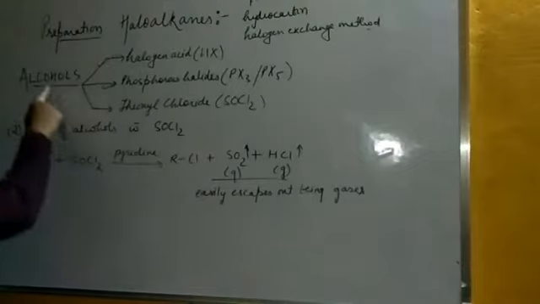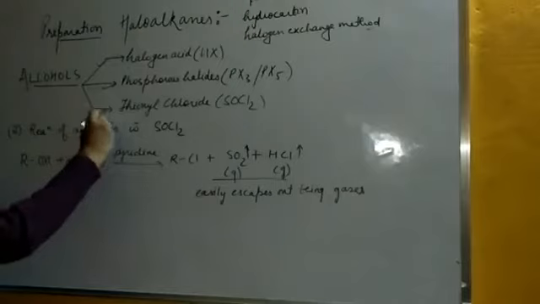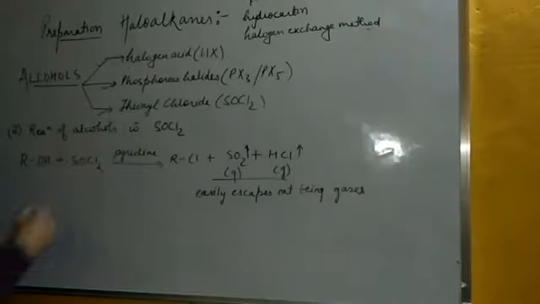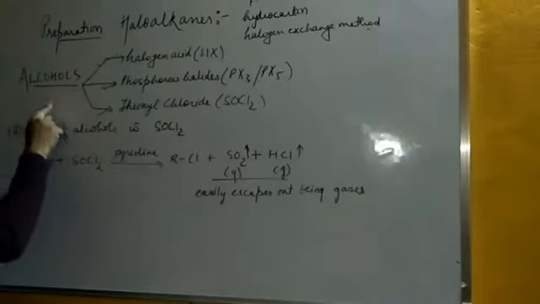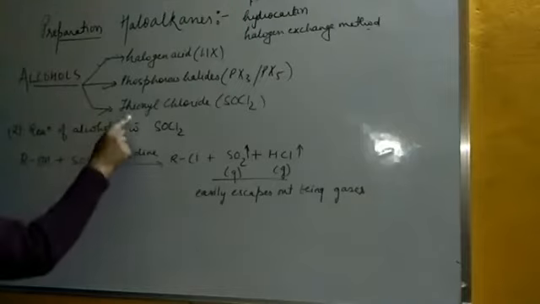So among these three reactants, the one which is taken to be the best reactant to react with alcohol to form the haloalkane, students, is thionyl chloride.